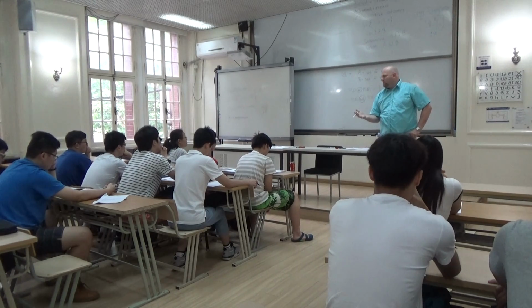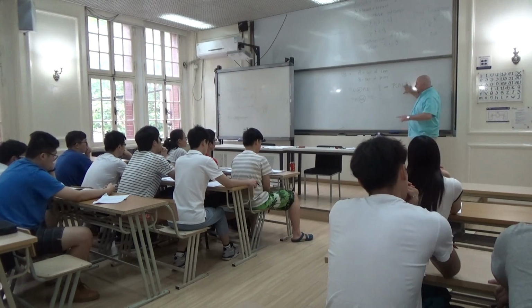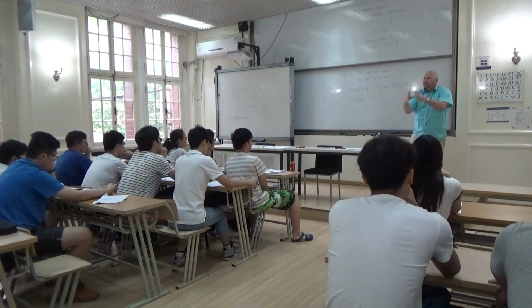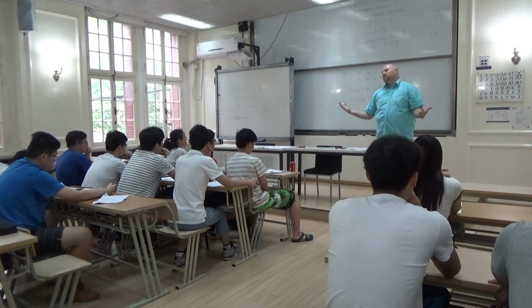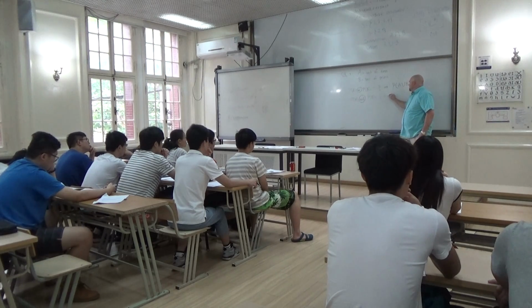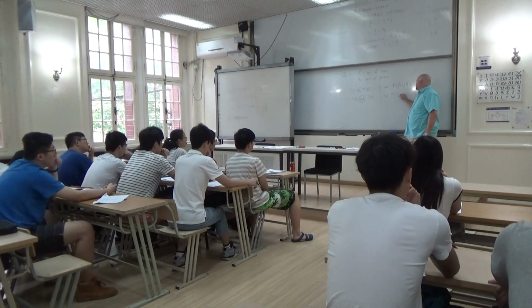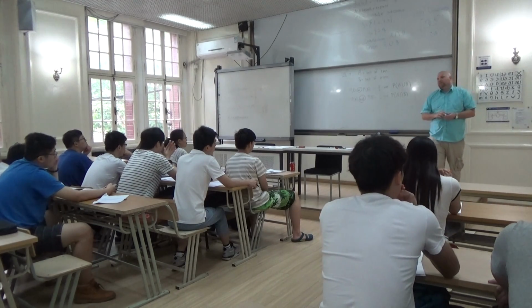Union. I want to know what happens for A and B put together. So the word or means union. What does the word and mean? Intersect. So and means intersect.